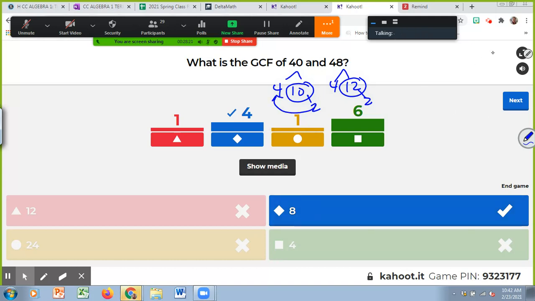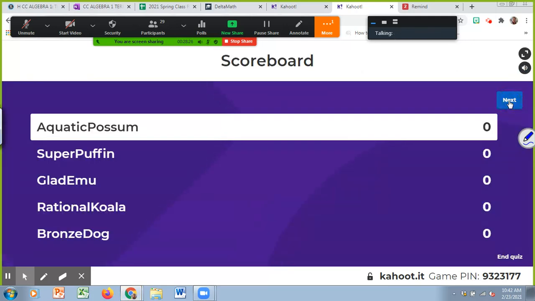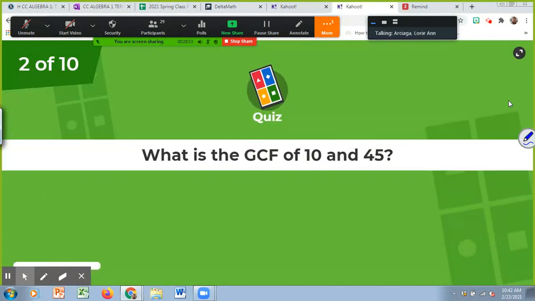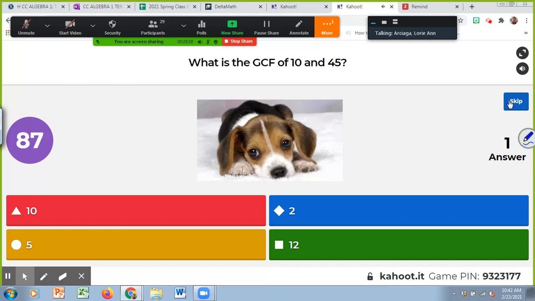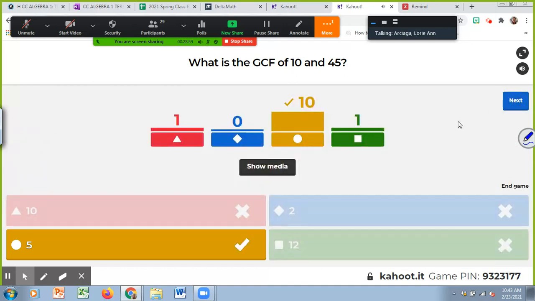Okay. So next. Aquatic Possum. All right. Who's that? Okay. Let's see. Next. So cutie. Okay, skip.